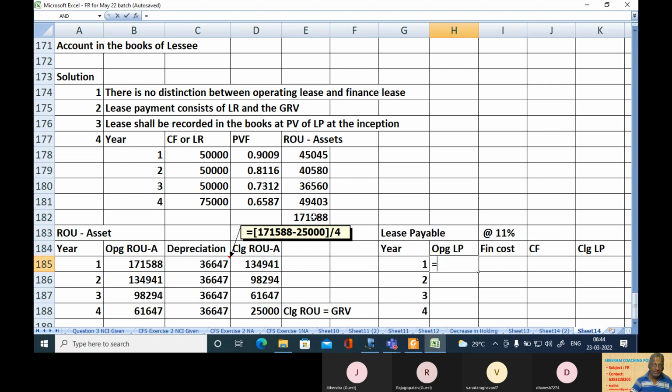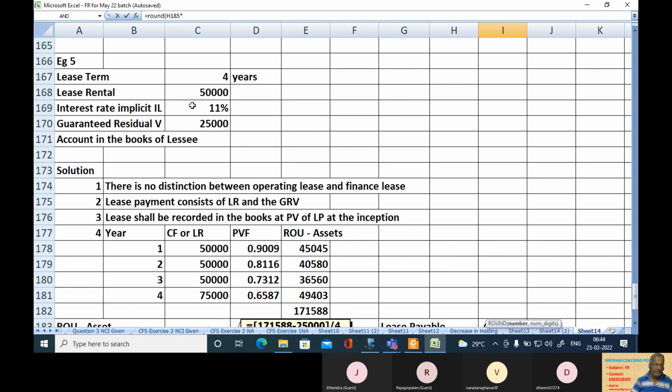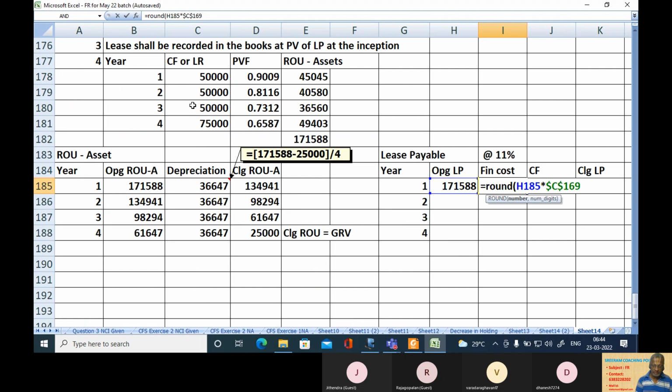Opening lease payable is this. Next one is finance cost. This multiplied by 11%. And the cash flow is 50,000. Then plus minus this.